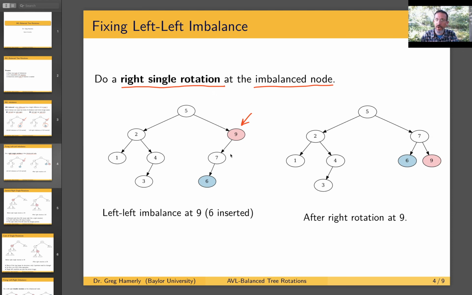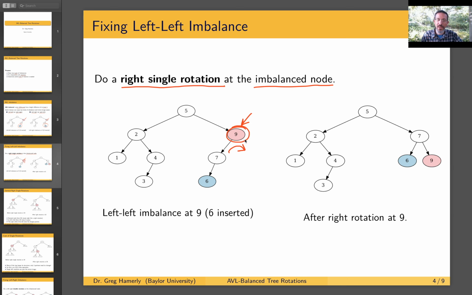So what we're talking about here is what's known as a tree rotation. I like to think of it as there's a pulley right here at the node where we're doing the rotation, and the nodes are going to rotate around that pulley in the direction that we're talking about. So this is a right single rotation. The nodes are going to move to the right around this pivot point or this pulley point.